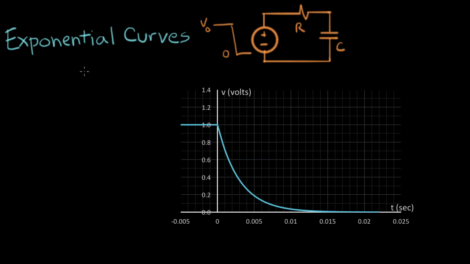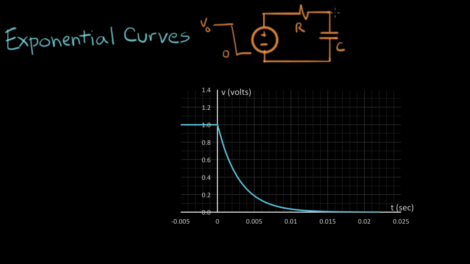Now I want to show you a really useful manual skill that you can use when you have voltages that look like exponentials. We're going to talk about this exponential curve that's generated as part of the natural response of this RC circuit.